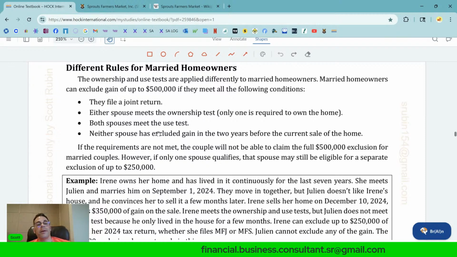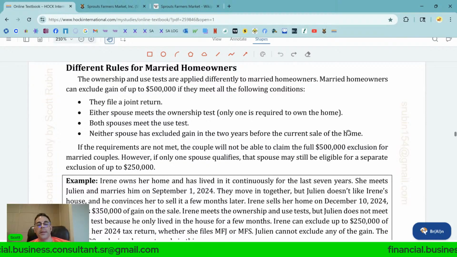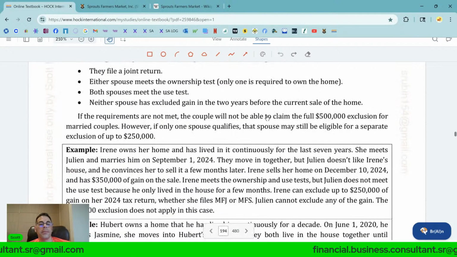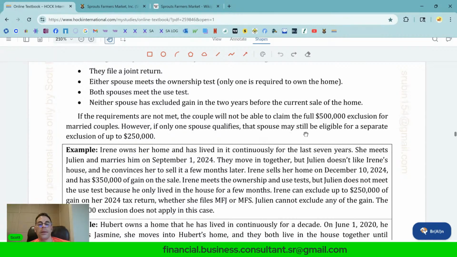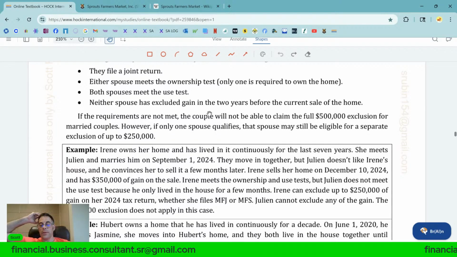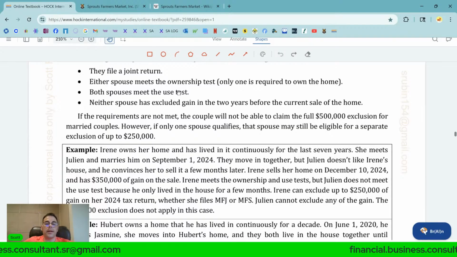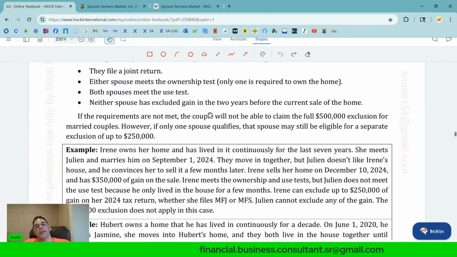But you both have to live there for 2 years. Neither spouse has excluded income in the past 2 years. But if only one qualifies for the 2-year rule, then you only get $250,000. You both have to live there for at least 2 years, but in terms of owning it, only one has to own it for 2 years.